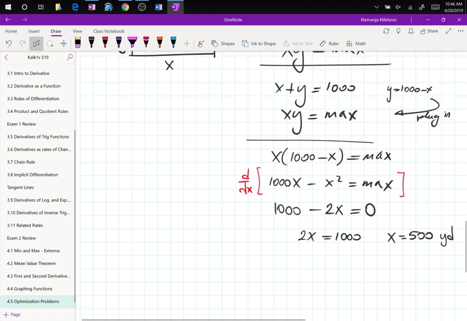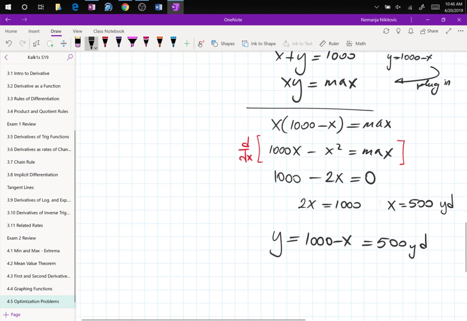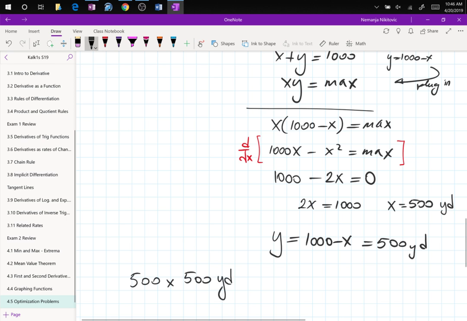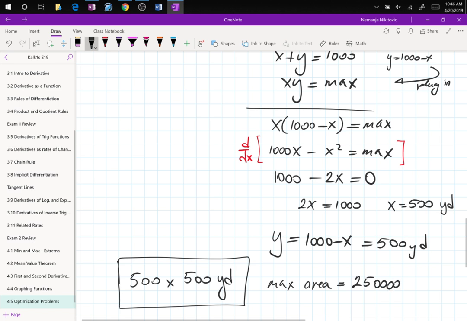And then we use y equals 1,000 minus x, which is also 500 yards. And we found that if he fences off a square, 500 by 500, he will have max area of 250,000 square yards.